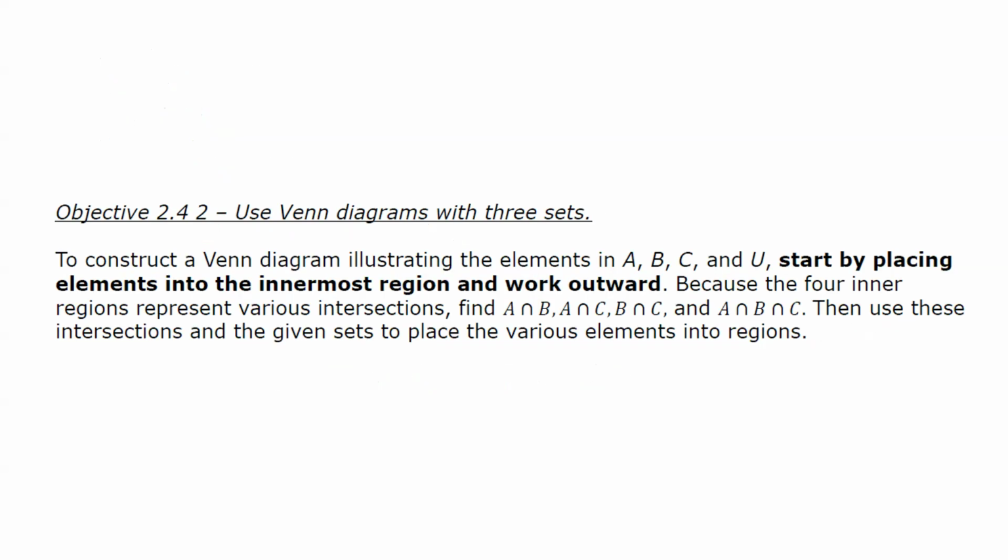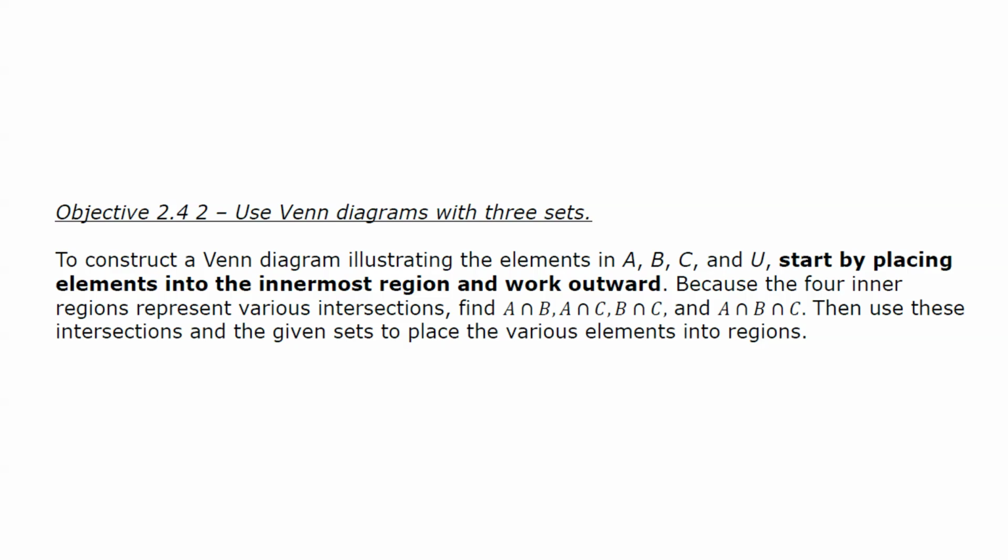So, objective 2. We need to use Venn diagrams with 3 sets. So to construct a Venn diagram illustrating the elements in A, B, C, those are our 3 sets, and the universal set, we're going to start by placing the elements in the innermost region and then work outward, because the 4 inner regions represent various interactions.